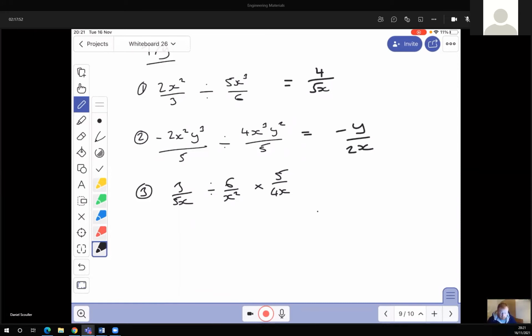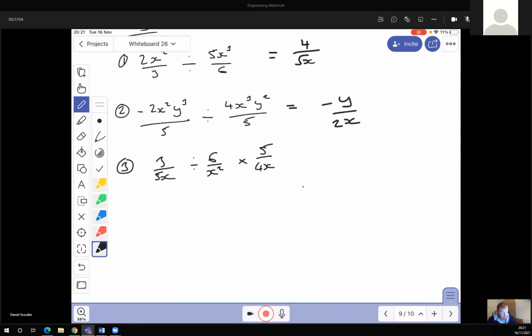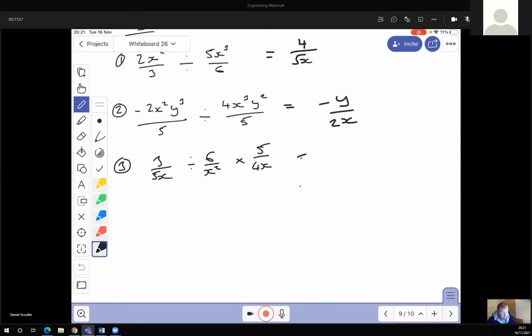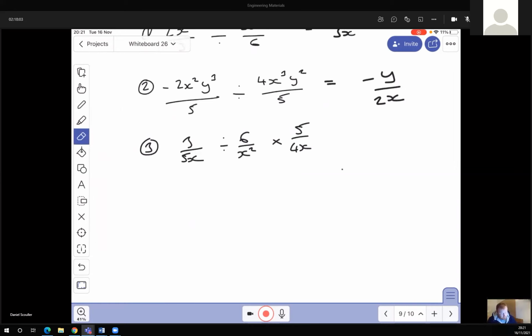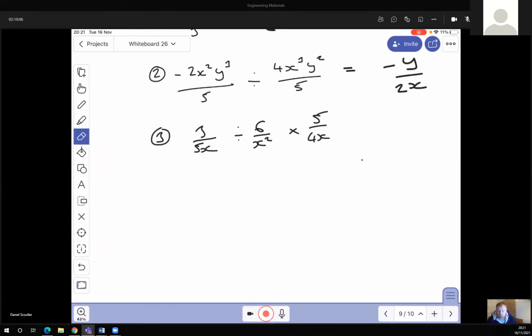So it's quite a lot of numbers and letters, but it's just following our rules of indices. Let's walk through this last one just to make sure. We're going to put it into 2 multiples, so we flip that division on its head.